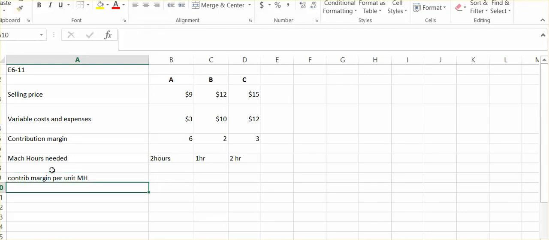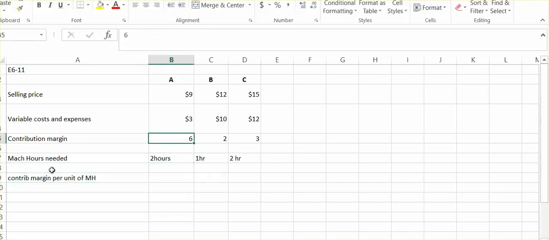So contribution margin per limited resource, in this case per unit of machine hours. Right? So just take the contribution margin and divide by the limited resource, in this case the machine hours. So 6 divided by 2 is 3.